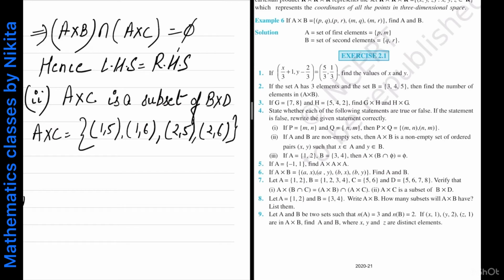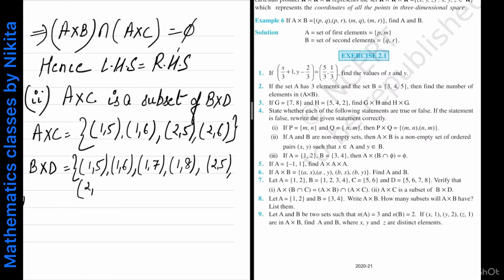Okay, and what is B cross D? Now B has 4 elements and D has 4 elements. So B cross D will have 4 into 4, that is 16 elements, and they are of the type (1,5), (1,6), (1,7), (1,8). Then you will have (2,5), (2,6), (2,7), (2,8).